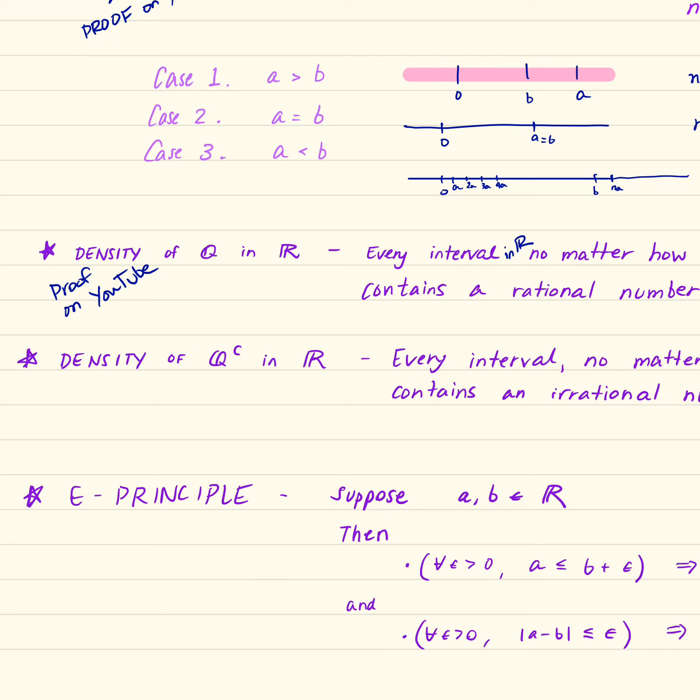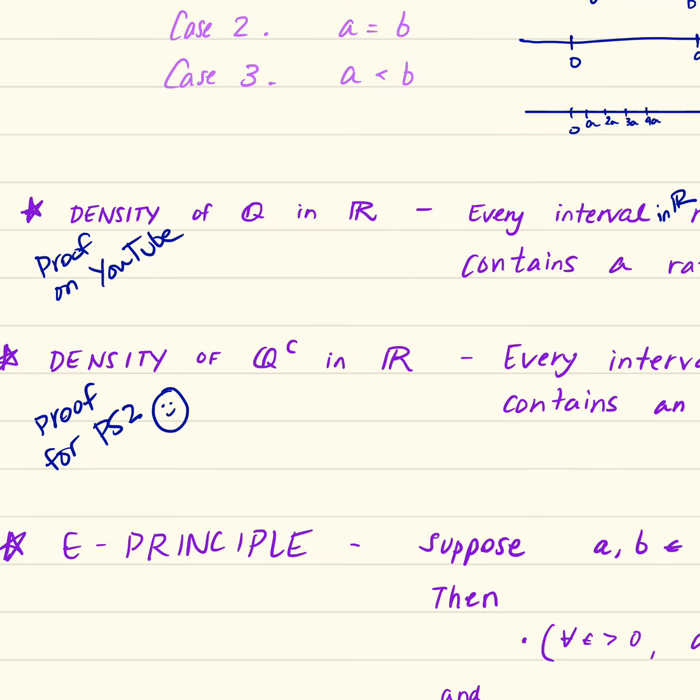Now, the proof that the irrationals are dense in R is actually going to be part of your homework set. Proof for problem set 2. And I'll put a smiley face because that should be pretty fun.